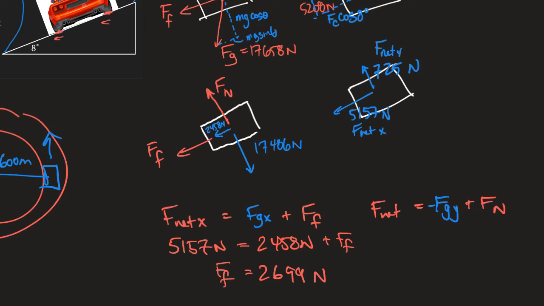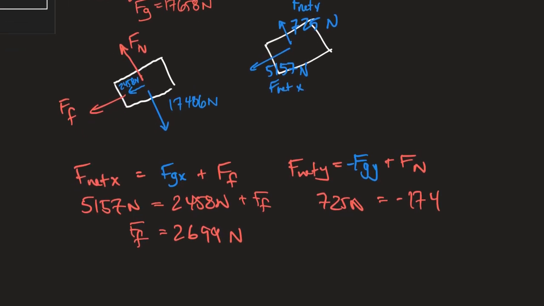And for the y direction, F net y is 725 newtons, which is equal to Fg in the y direction, 17,486, plus the normal force, which we don't know.